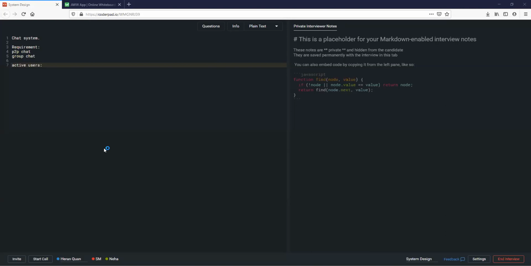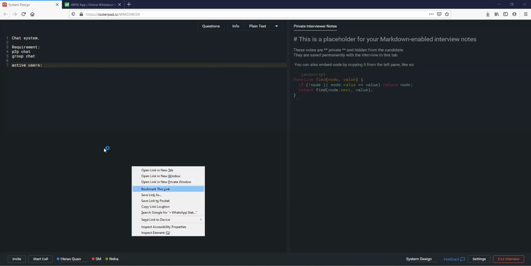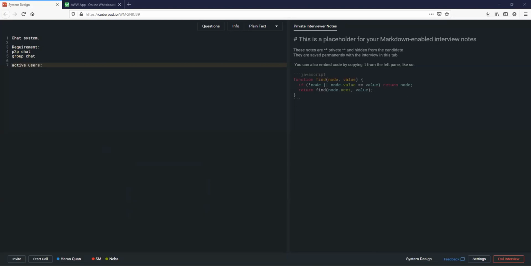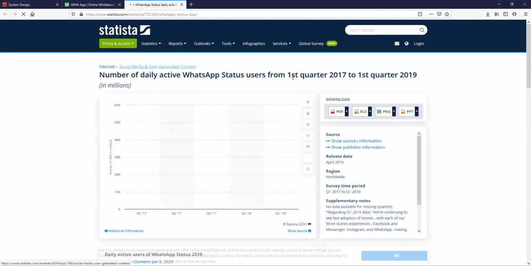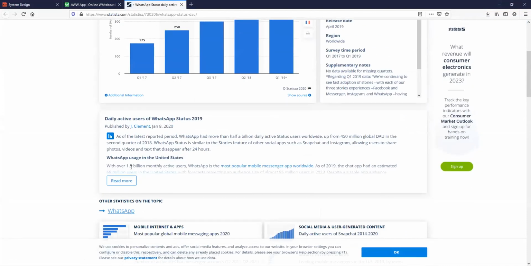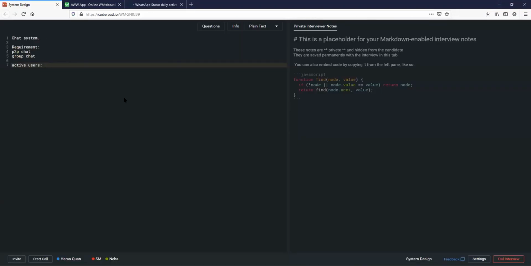I just found that the WhatsApp system has 1.5 billion monthly active users. Wow, it's a lot. So let's not make it that crazy. Let's say that we can have 100 million active users.